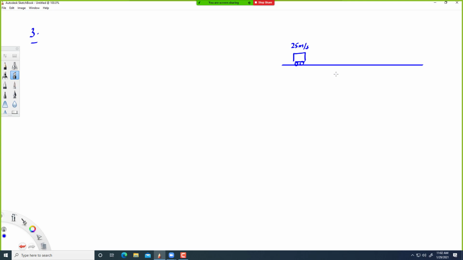Okay, so that's your reaction time. So until you apply the brakes, your car is moving at a constant speed. So at this point, you apply brakes, and then it comes to stop after some time. Okay. So this is deceleration part, and this is constant speed part.